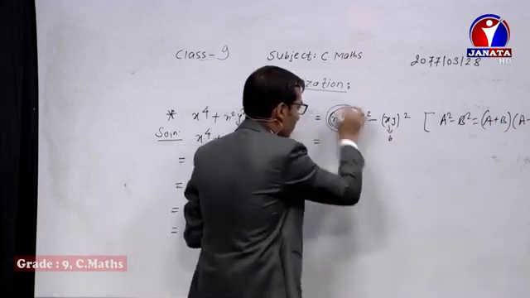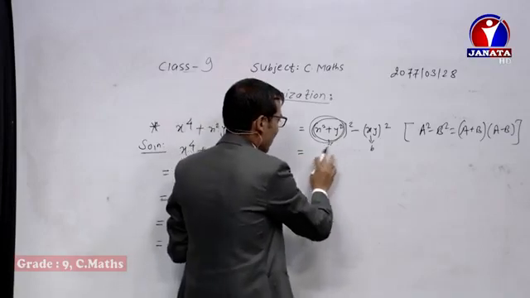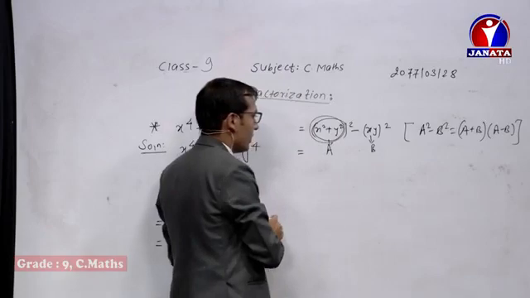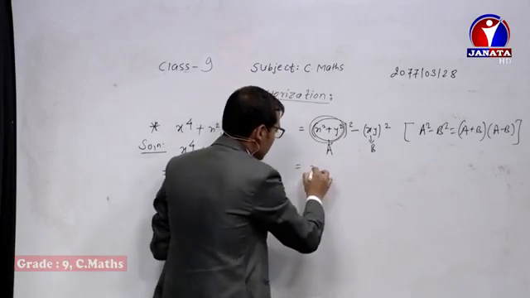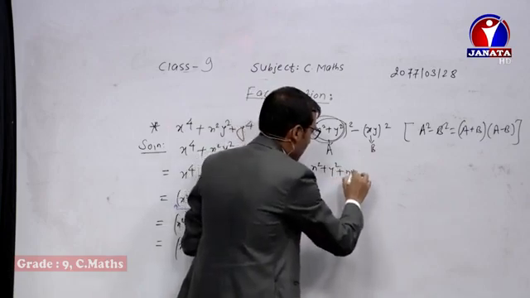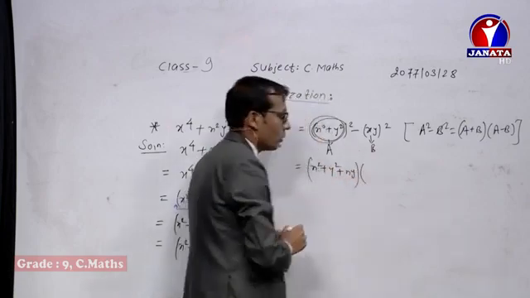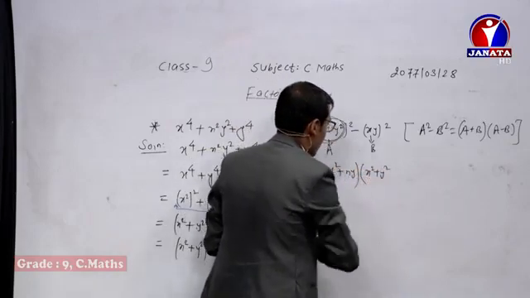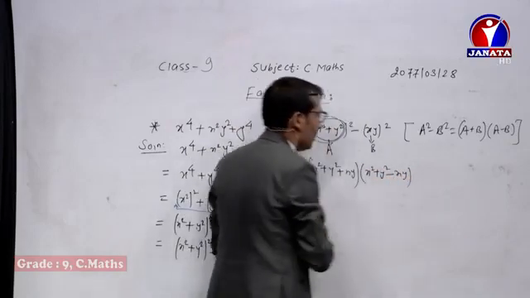A is x square plus y square, and b is xy. What is the second factor? A minus b, so x square plus y square minus xy.